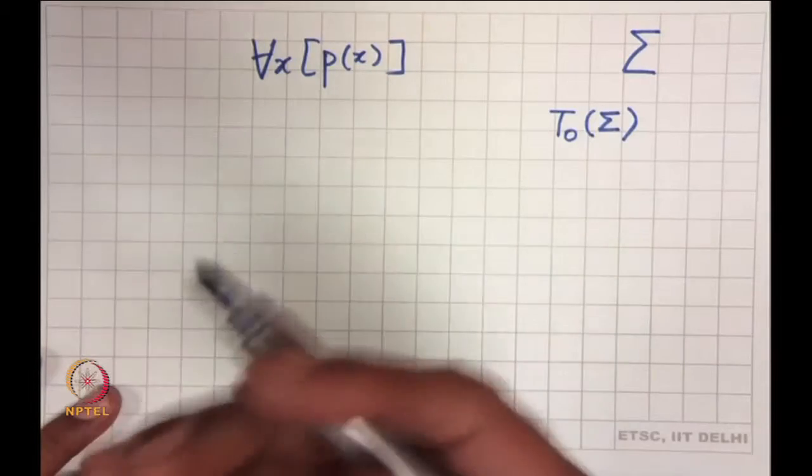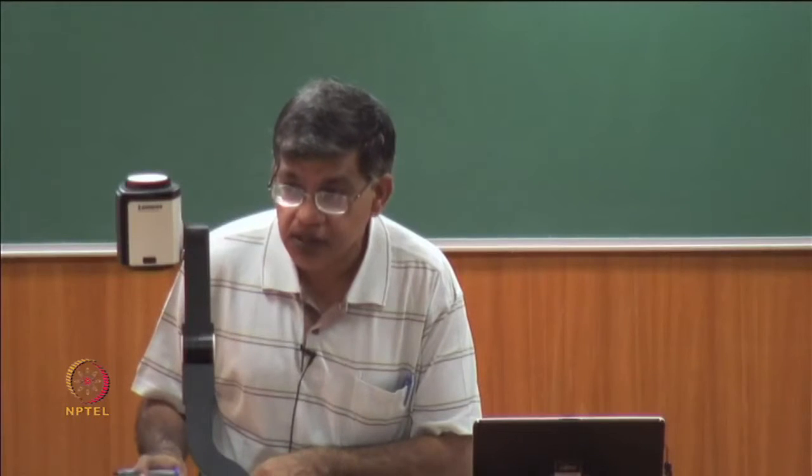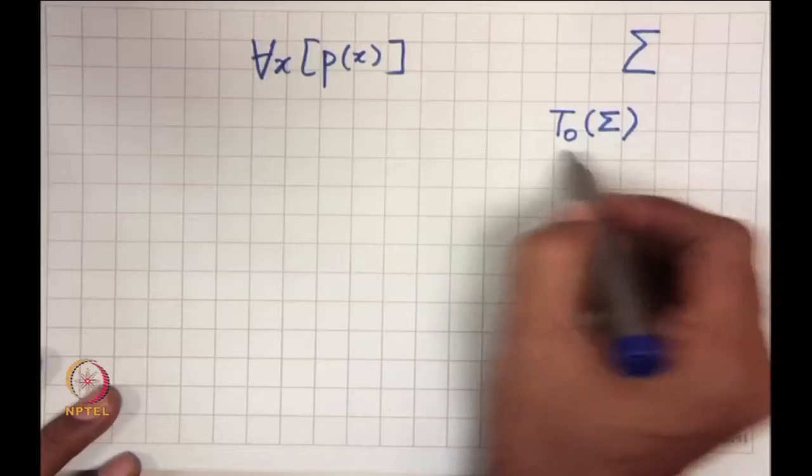We are implicitly assuming that there is at least one constant symbol in the signature, otherwise this set would be empty.